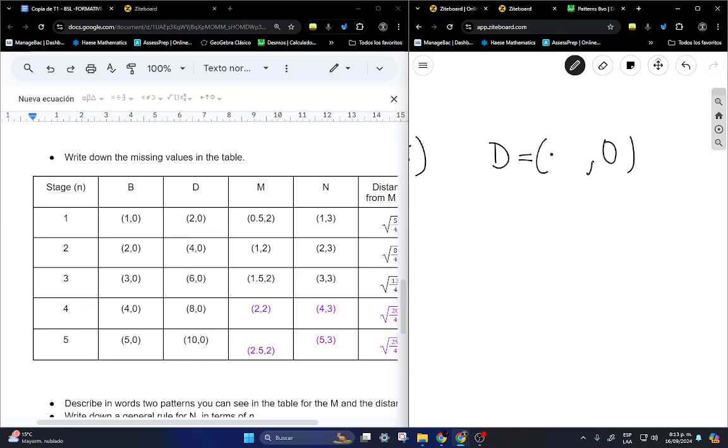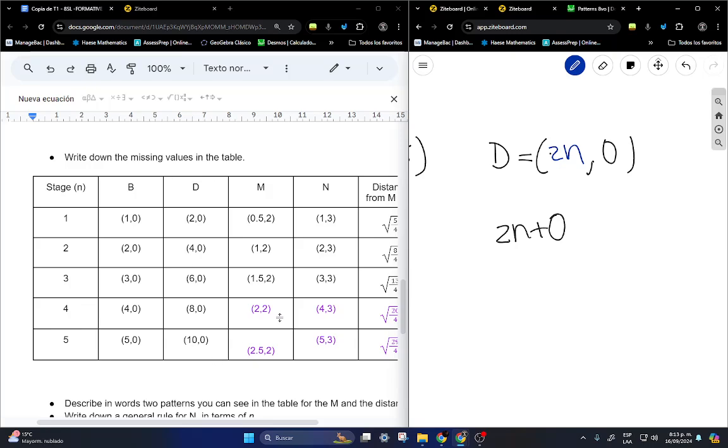So the general rule for this part would be something like the difference is 2, so 2n plus the complement. The complement in this case would be 0 again, because if we go back to position 0, it would be 0, 0. So 2n times 2n plus 0 is just 2n.